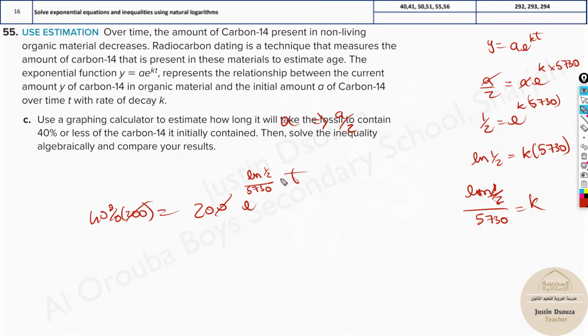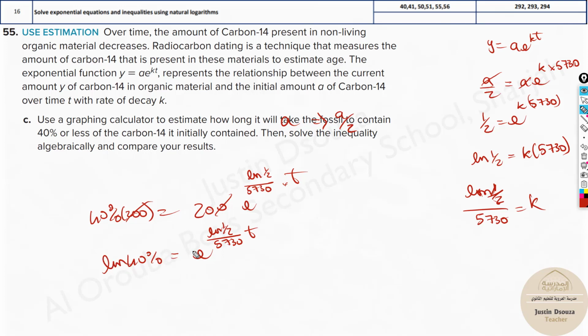Now you need to find what time, isn't it? Basically, how long, by graphing and comparing your results, but I'll just do it by the algebraic method. Over here it'll be 40% equals e to the power ln half by 5730 times t.